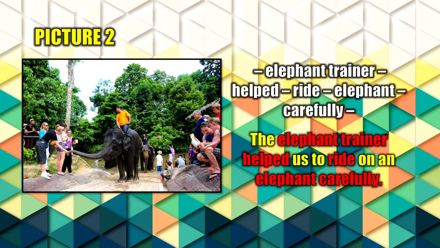Elephant trainer, the elephant trainer. Article the before a noun. Help, help us. Ride, to ride. Elephant, on an elephant. So, when we put and arrange all the words and phrases together, the sentence is: the elephant trainer helped us to ride on an elephant carefully.